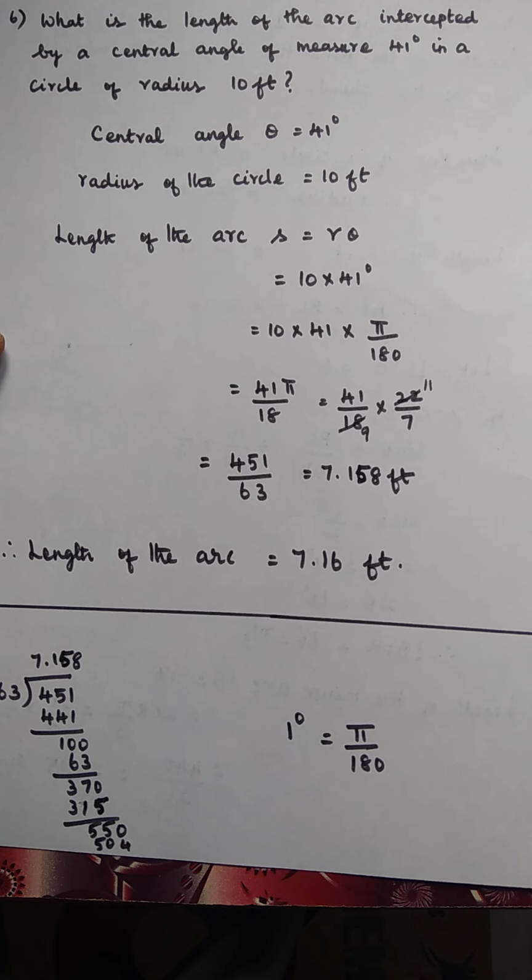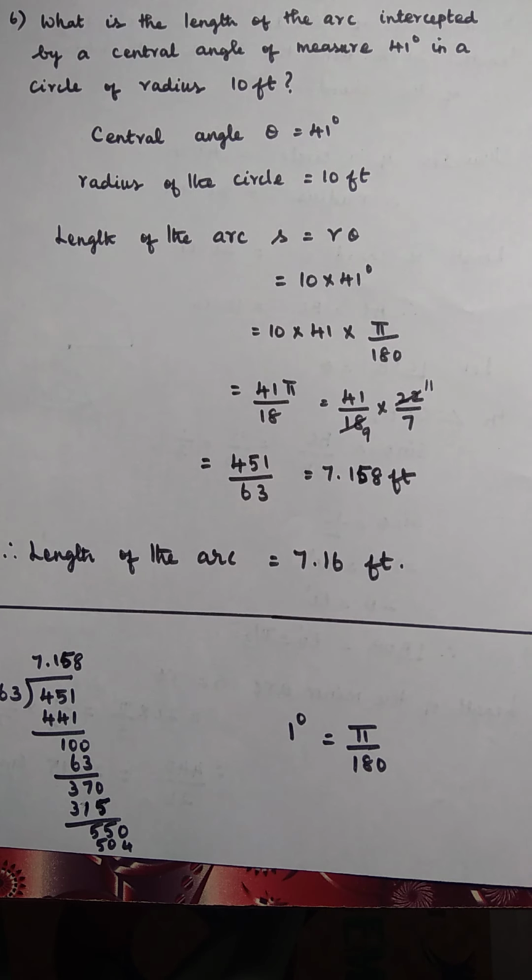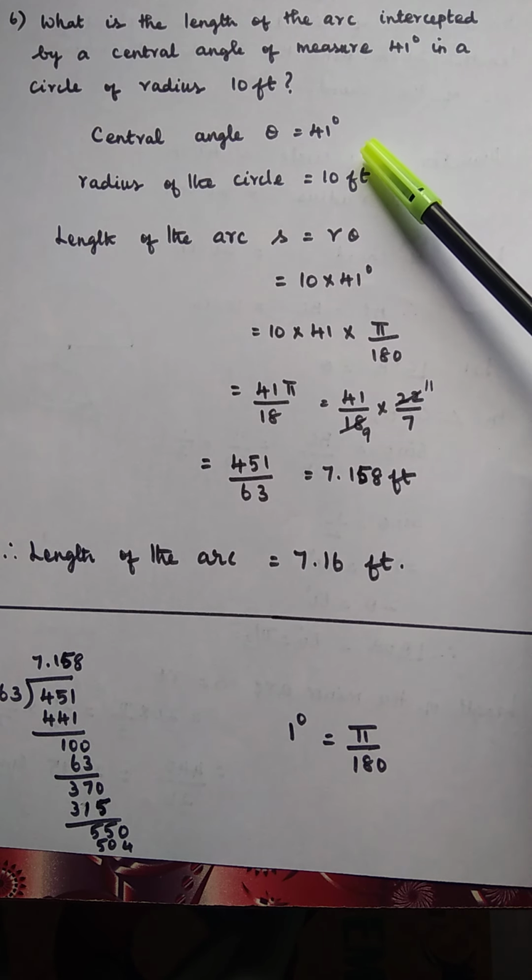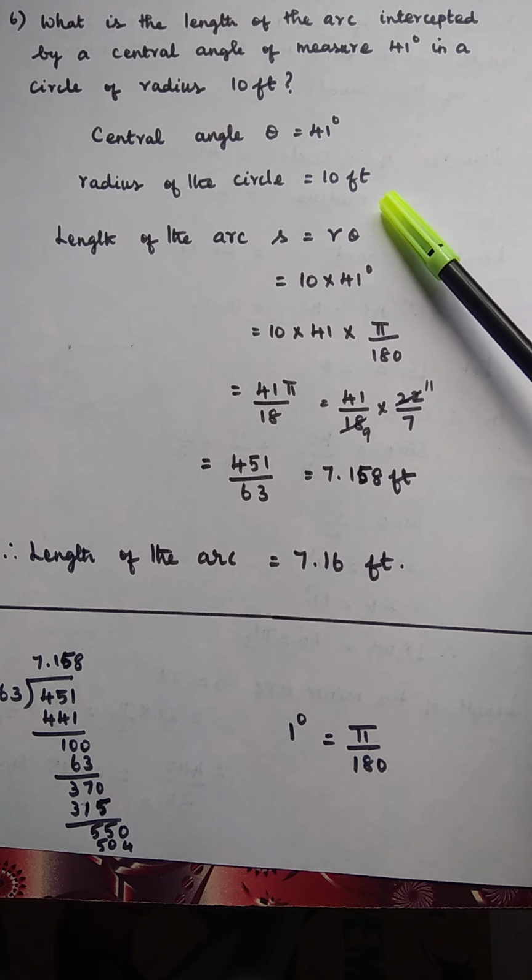Question number 6. What is the length of the arc intersected by a central angle of measure 41 degree in a circle of radius 10 feet? Here they have given the central angle and the radius. Central angle theta equal to 41 degree. Radius of the circle is 10 feet.